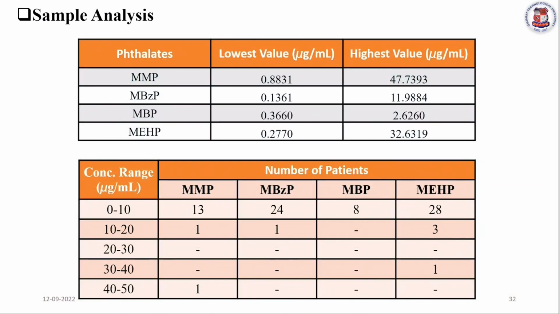This is the sample analysis content, the lowest value and highest value, in microgram per ml in the urine. And we have further classified that many patients have a very high amount of phthalate metabolite in their urine when we analyzed.